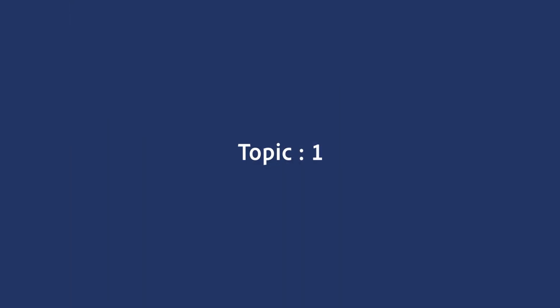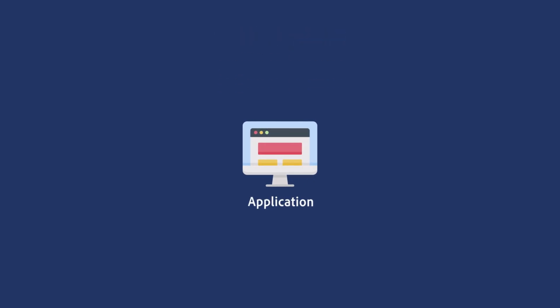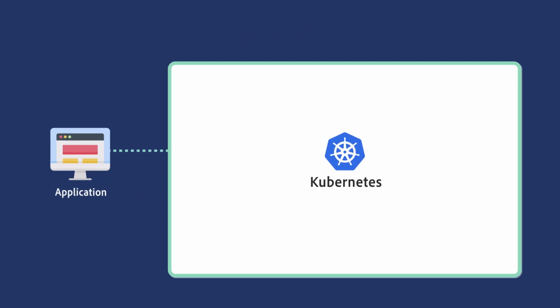So, the first topic of this series will be what is Helm. To understand what Helm is, let's imagine that we have an application that we want to deploy in Kubernetes.